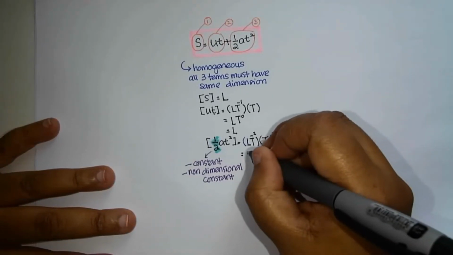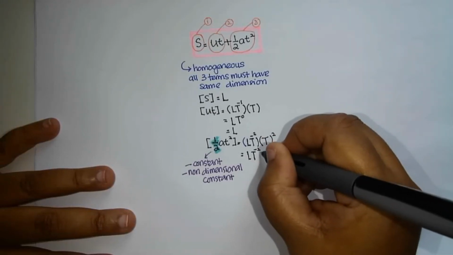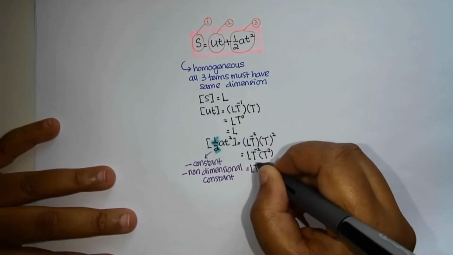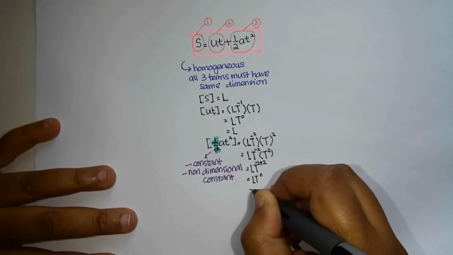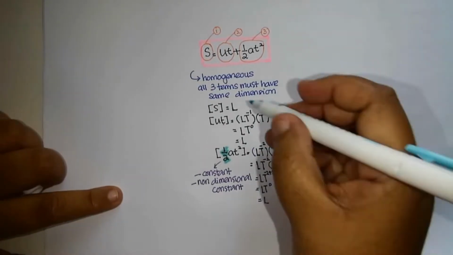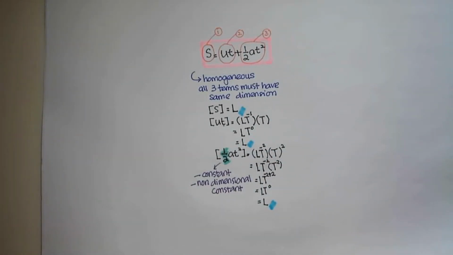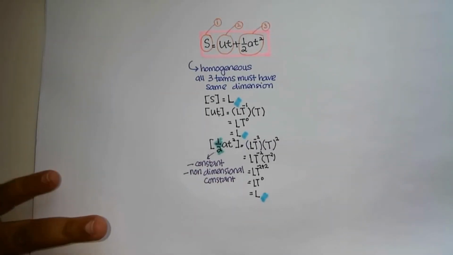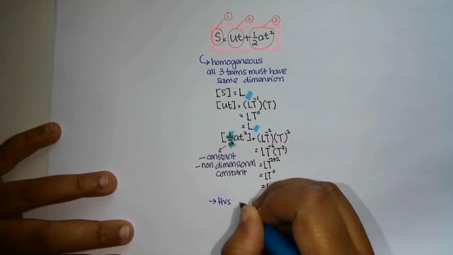So you get LT negative 2 times T squared, which is LT negative 2 plus 2, giving LT0, so we get L. From here you realize the dimension is the same for all three terms, so we can deduce that this equation is homogeneous.